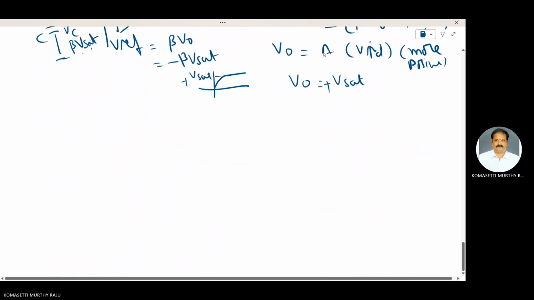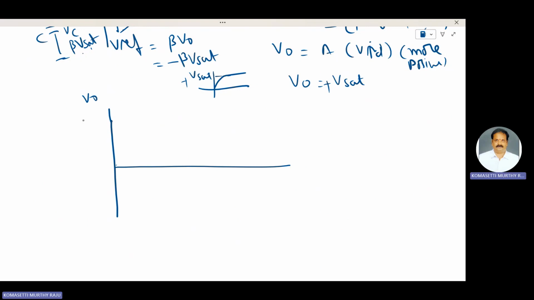Now, determination of the time period. This is the waveform representation. The output voltage is plus V sat, and the V reference is equal to beta V sat.